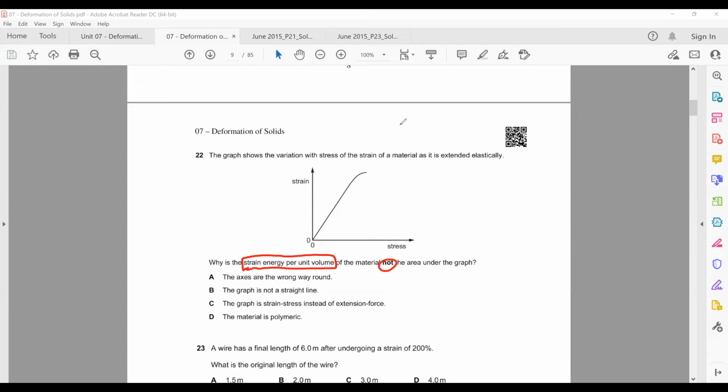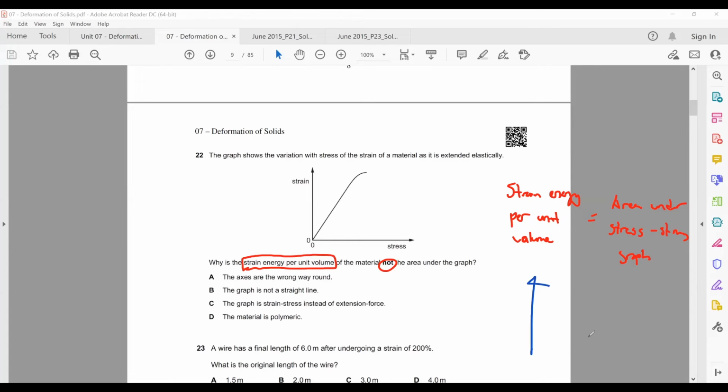Recall that I told you that strain energy per unit volume is the area under the stress-strain graph.